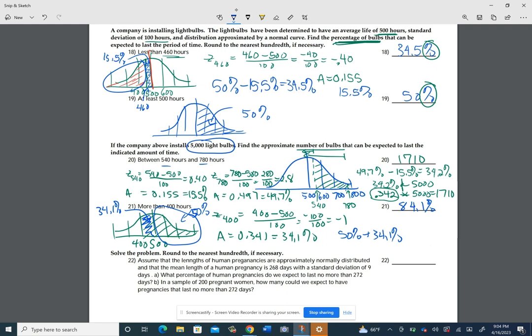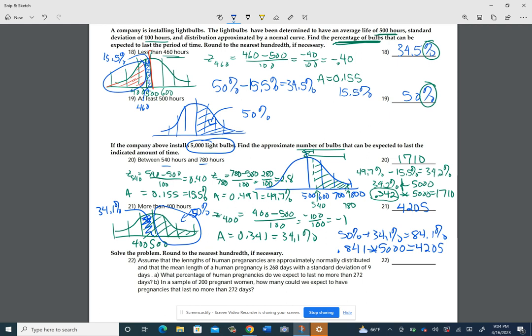Oops, that's not my answer. Sorry. It wasn't asking for percent. That gives me 84.1%. And then finally, I need to take 0.841 times the number of light bulbs. And that gives me the answer. That's 4,205 light bulbs could be expected to last more than 400 hours.